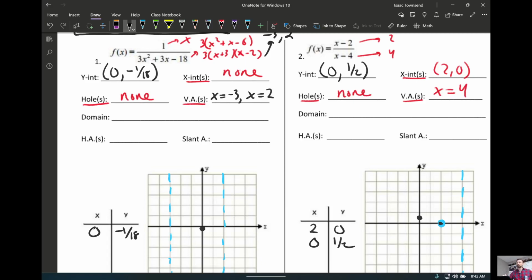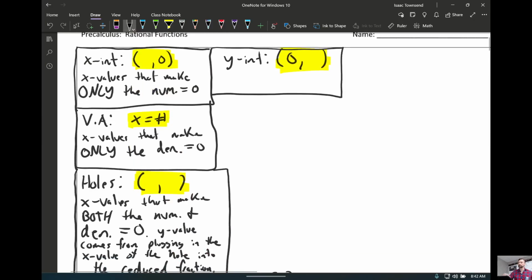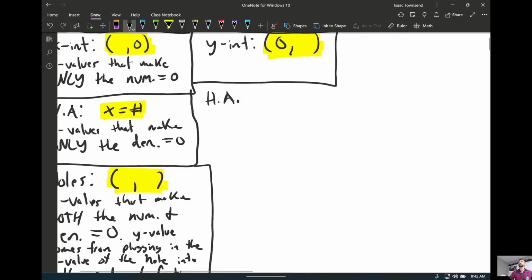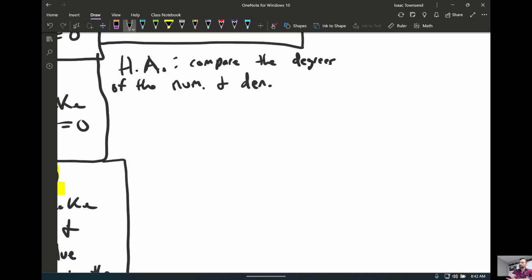Most of these are going to have a horizontal asymptote, although not every one. And we actually reviewed these rules earlier this year because we needed to know these for limit questions. So these rules should sound familiar to you. But to find horizontal asymptotes, you need to compare the degrees of the numerator and denominator.